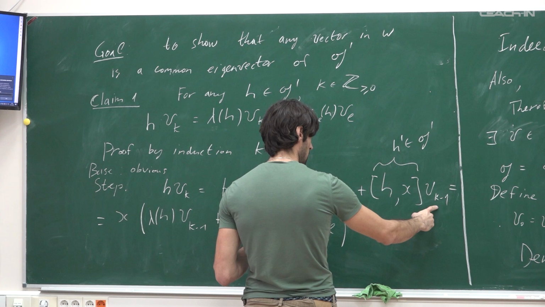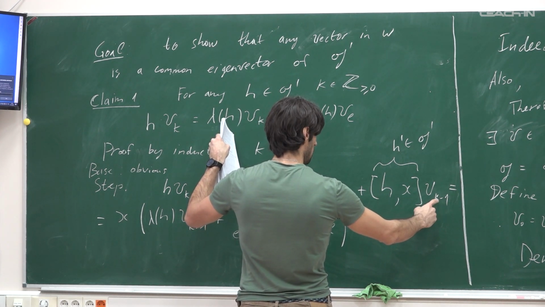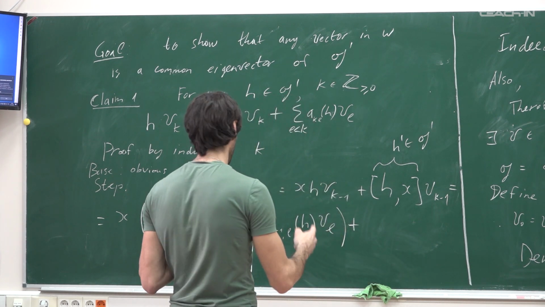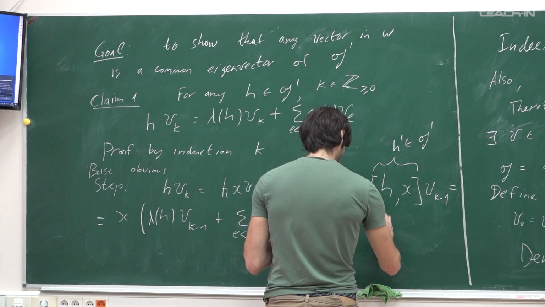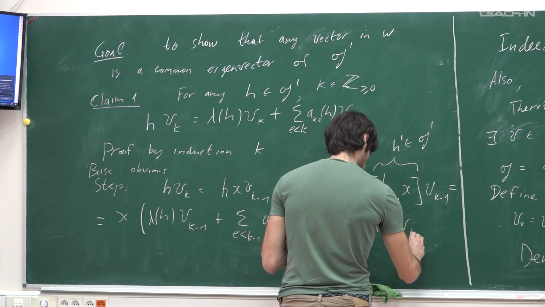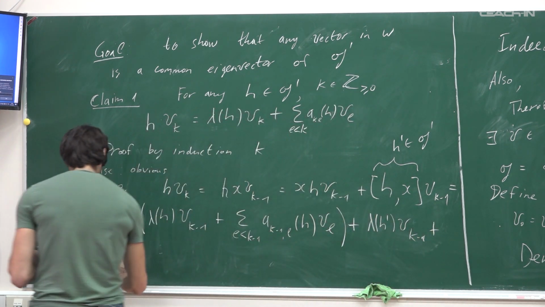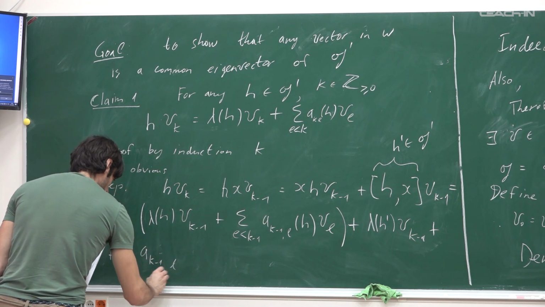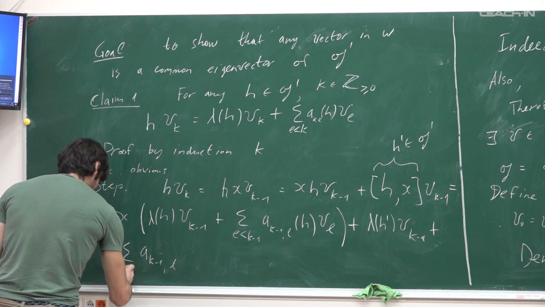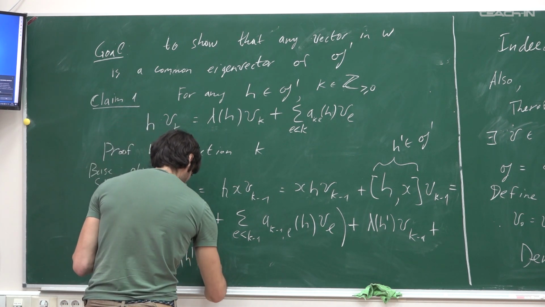And again we apply this formula for h equals h prime and k minus 1. Right, so we'll get lambda of h prime v_{k-1} plus some sum a_{k-1,l} of h prime v_l, l less than k-1.